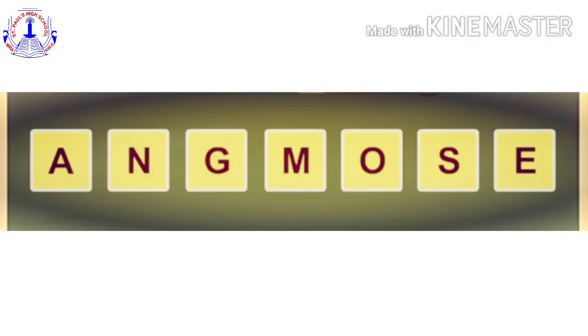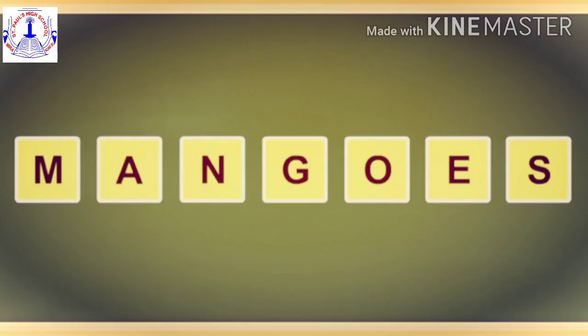We all know that A, N, G, M, O, S, E are some of the letters of the English alphabet. When we group letters, they form words. Let's group these letters and find out what word we can make out of it. Right, mangoes.